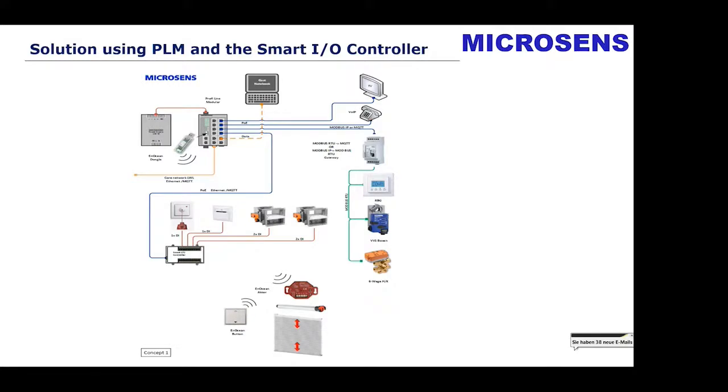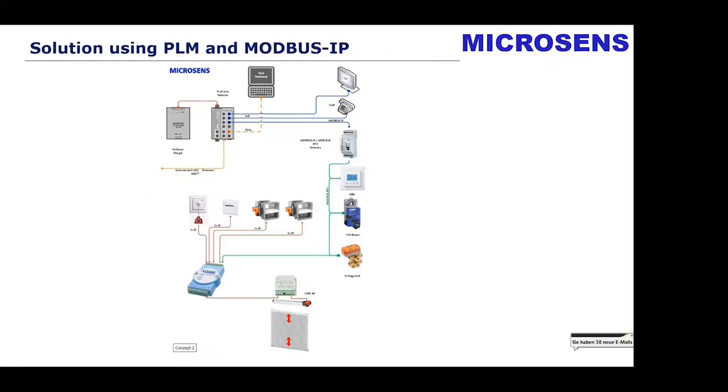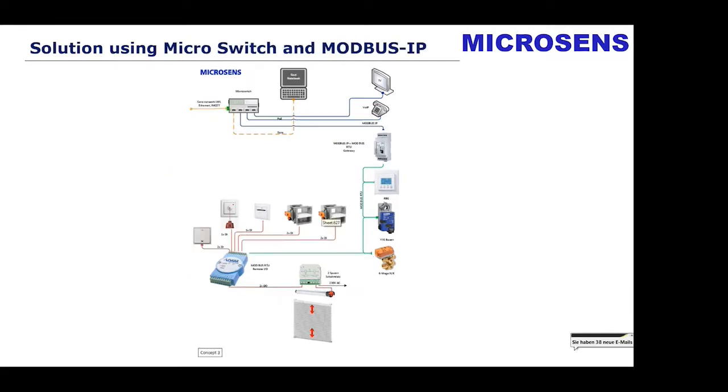Here we have another approach where we don't use the smart I/O controller, we use only third-party devices. You see, this is a conventional third-party device as a remote I/O controller, which covers all the field components. The communication to this device happens over a gateway. It's important that the gateway provides MQTT on the other side, but we can also support Modbus over IP.